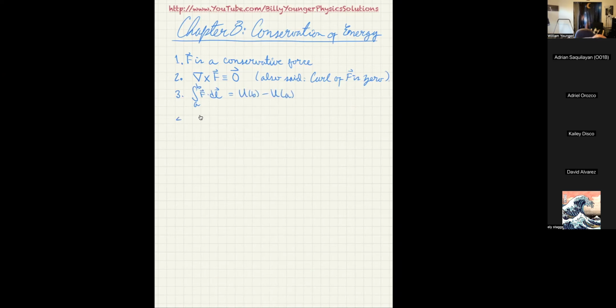So I could write this down as a fourth statement that says the integral from A to B of F dot dl does not change when the path taken changes.